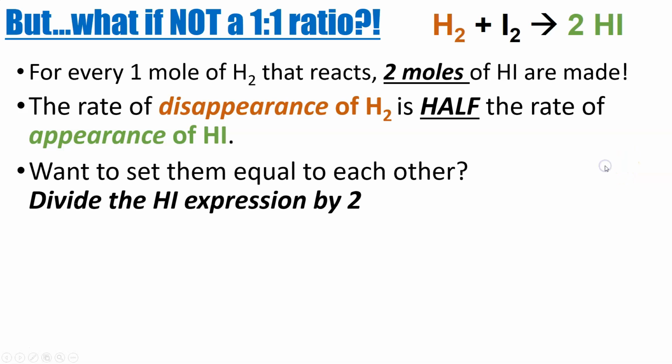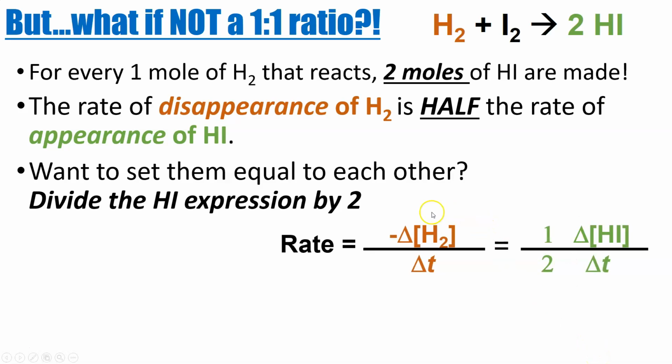So what we're going to do is write out our delta over delta, just like before, delta concentration over delta T, but we're going to divide by the 2 over here so that we're shrinking things down so that they equal each other.